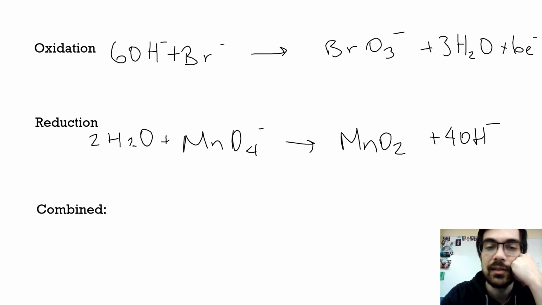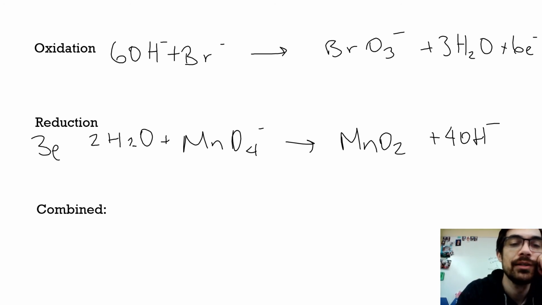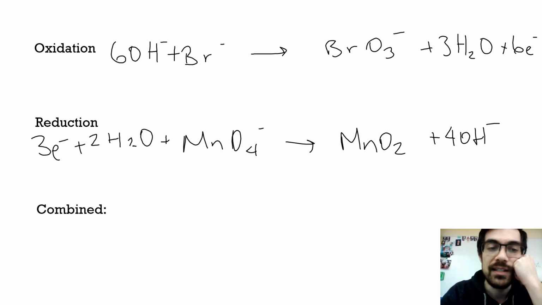So now let's take a look at the electrons. This MnO4 became MnO2, but the oxidation change was +7 to +4. So that means 3 electrons were required to do this. Now we have to balance the electrons, and this one works quite nicely where we have 3 and 6.